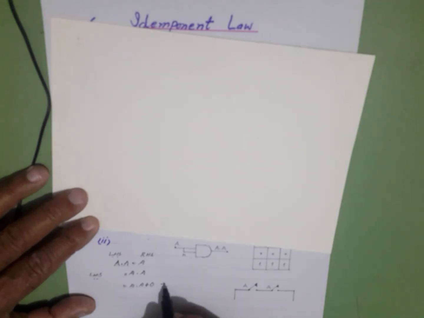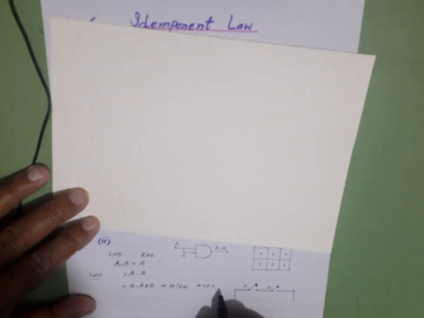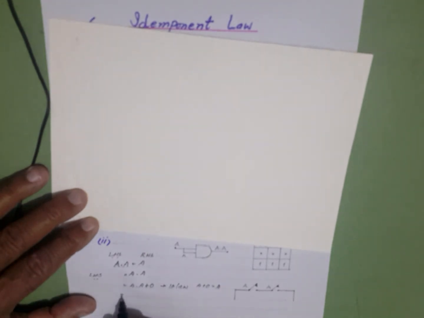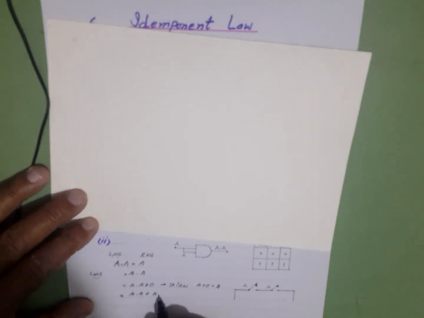This is identity law. Identity law says that A plus 0 is equal to A. This can be further written as A into A plus A bar.